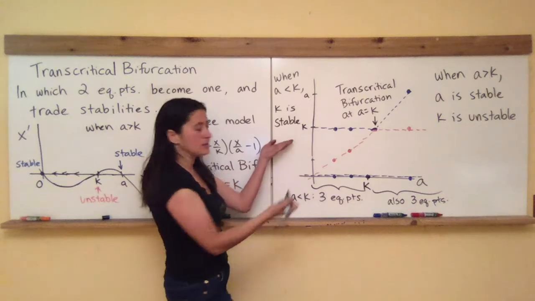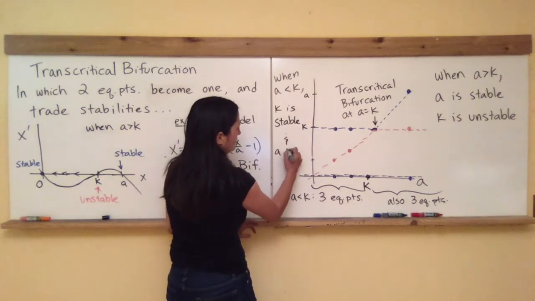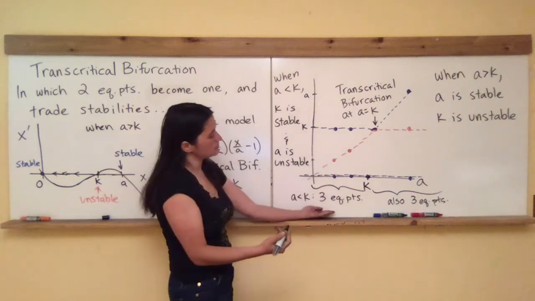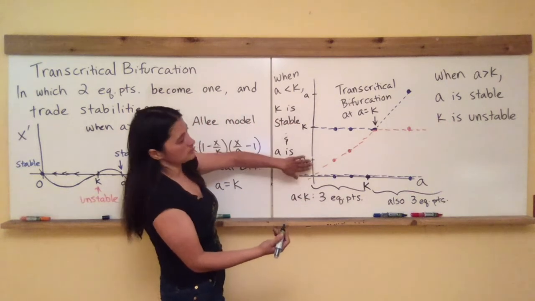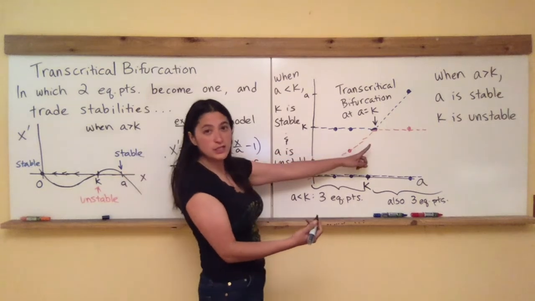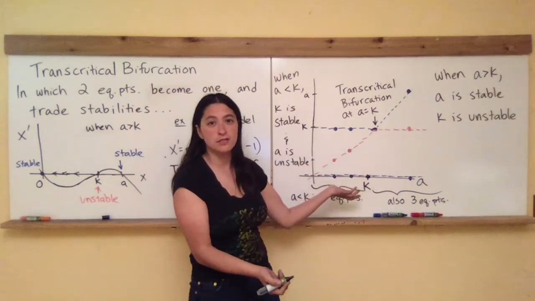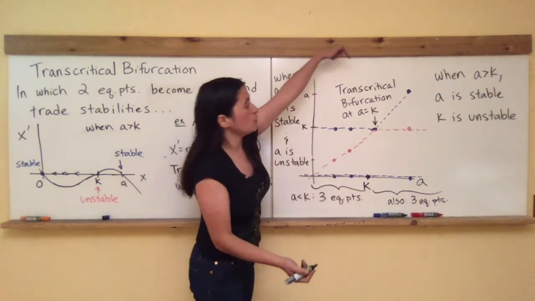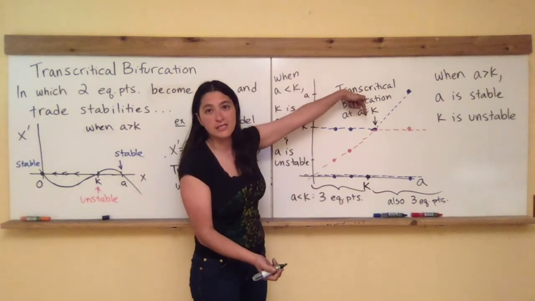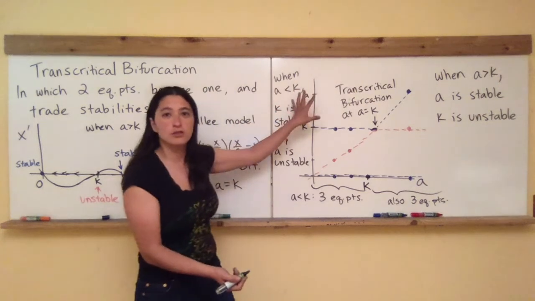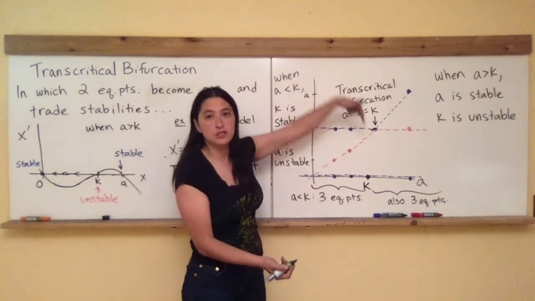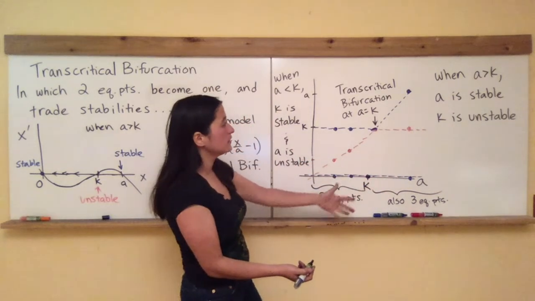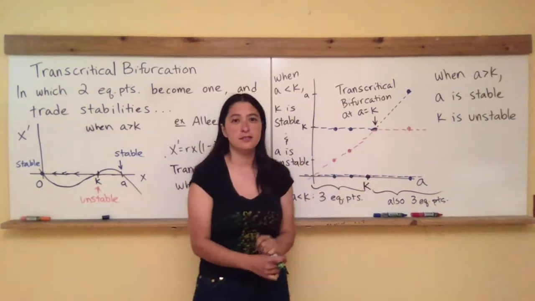You see the K is stable there and A is unstable, because in this whole region where A is less than K, K is stable and A is unstable. Bifurcations occur when there are qualitatively different dynamics. And here, the qualitative difference is that there are only 2 equilibrium points at this transcritical bifurcation, where there used to be 3. It turned into 2, and then it turned into 3 again, and when it went back to 3, they switched their stabilities.